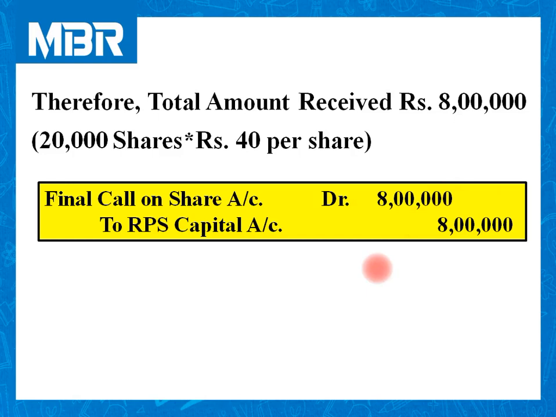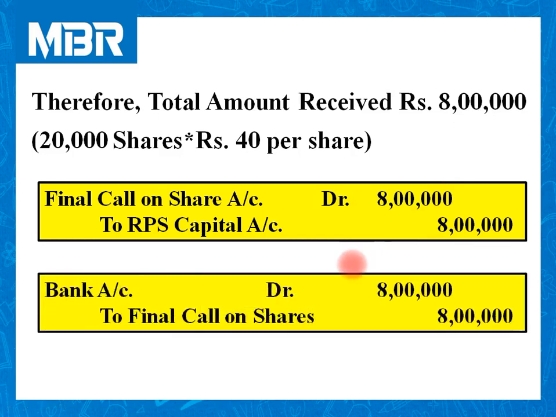Final call on share account debited to RPS capital account 8 lakhs, and amount received by the company from the shareholders. Bank account debited rupees 8 lakhs to final call on shares account 8 lakhs. With this, our first step comes to an end.